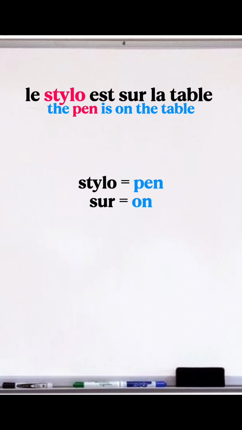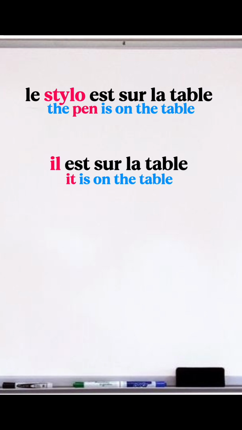Now, if I want to replace the subject, which is le stylo, the pen, with a pronoun, in English, I will say it is on the table. But in French, I will say il est sur la table.